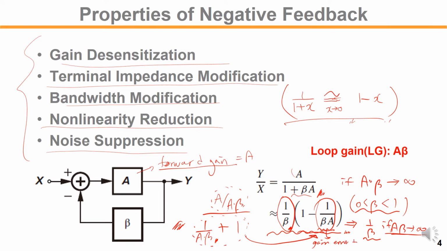This gain error goes down only if the A beta loop gain is large.